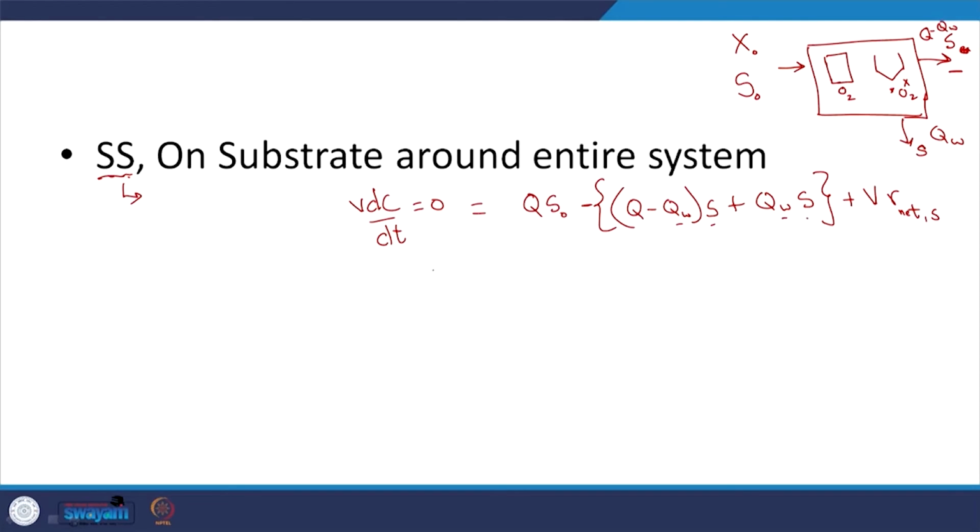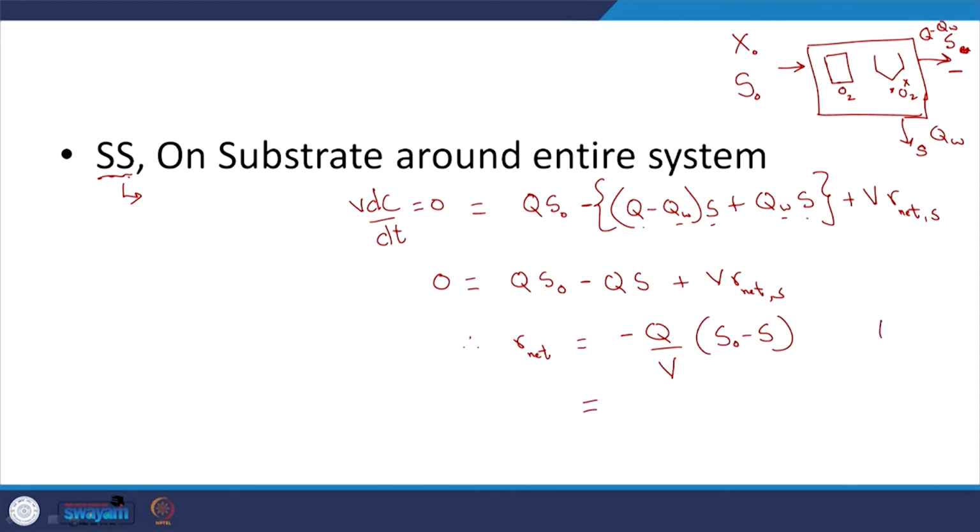So, let us simplify this. 0 equals Q S naught minus Q into S, plus V into R net of S. Therefore, R net of S is equal to minus Q by V into S naught minus S, and V by Q is theta, the hydraulic retention time. So, that is equal to minus of S naught minus S by theta.